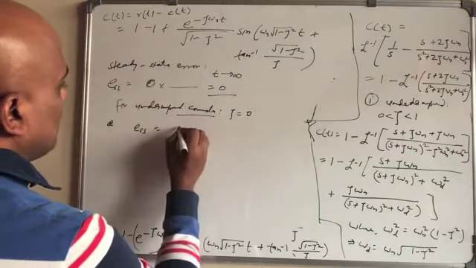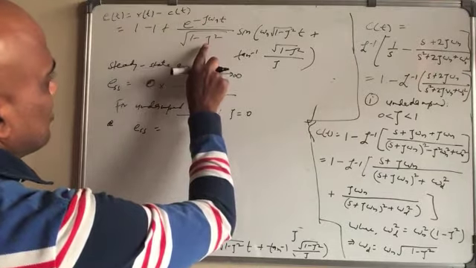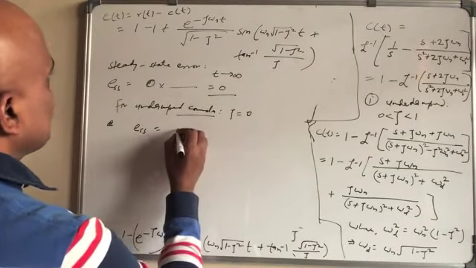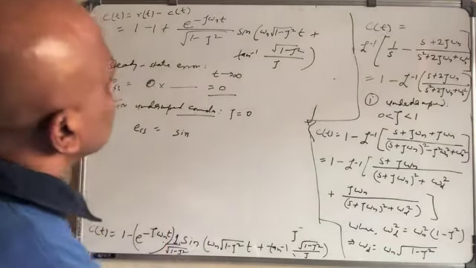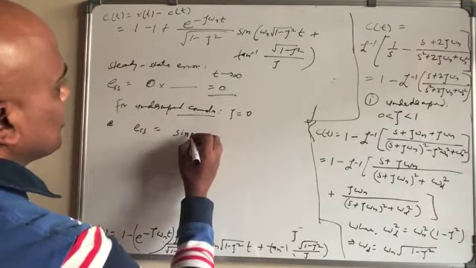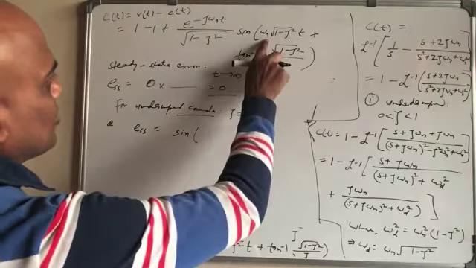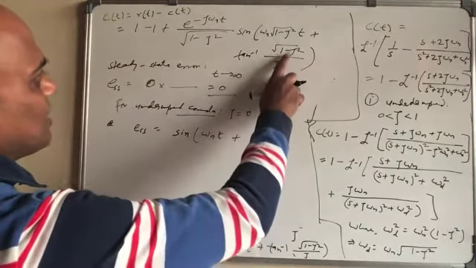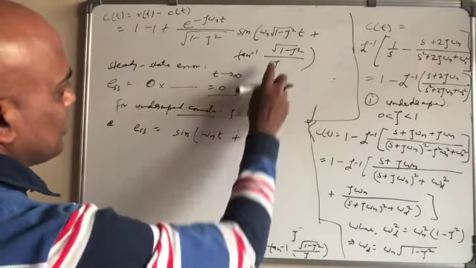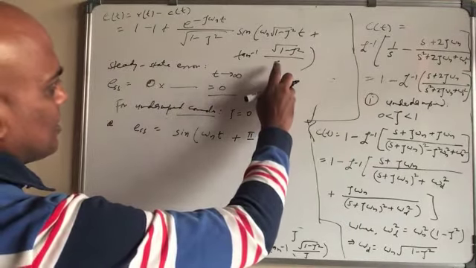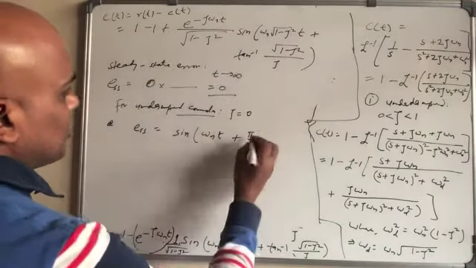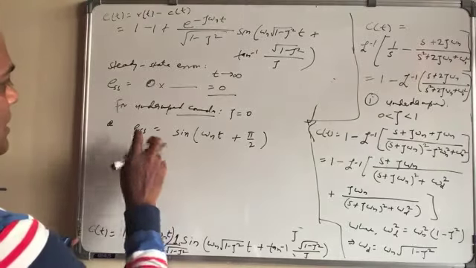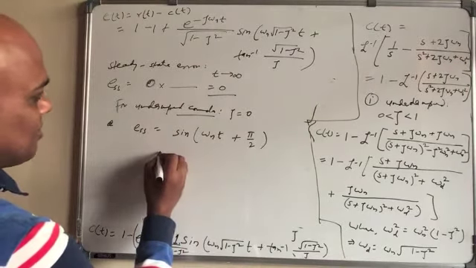So you get simply e to the power 0 becomes 1, and here you have omega n t, so you get sine of omega n t plus tan inverse, which is basically pi over 2, since root 1 minus zeta square over 0 is 1 over 0. So the value is oscillating basically.